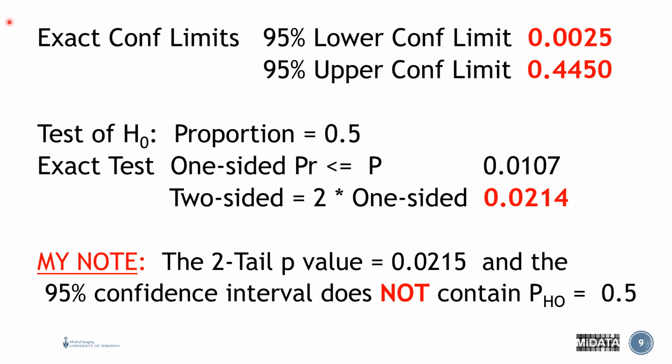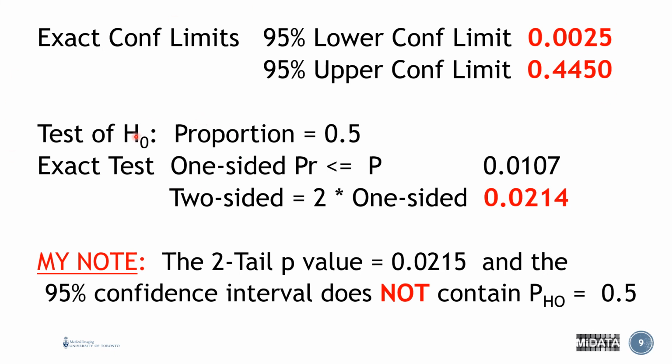So if you look at the exact confidence limits, the range now is 0.0025 to 0.4450. And you will immediately note that this does not contain the null hypothesis proportion or probability of 0.5.